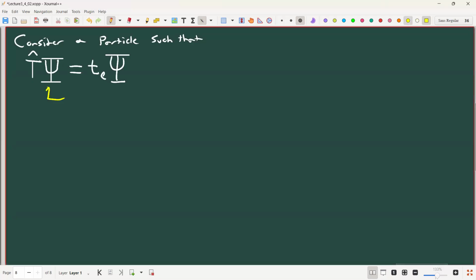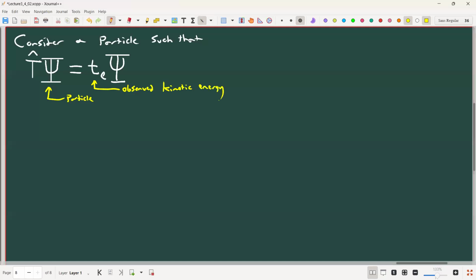So this is my particle, my atom, and this is the observed kinetic energy. So let's just substitute our operator in here and see what that math looks like.